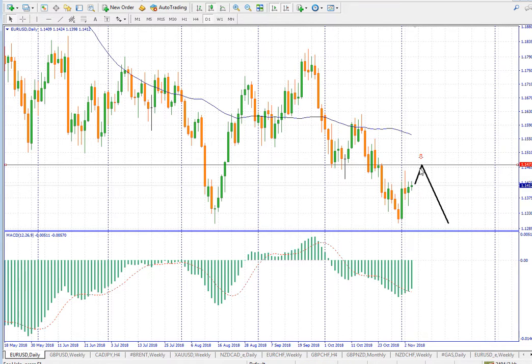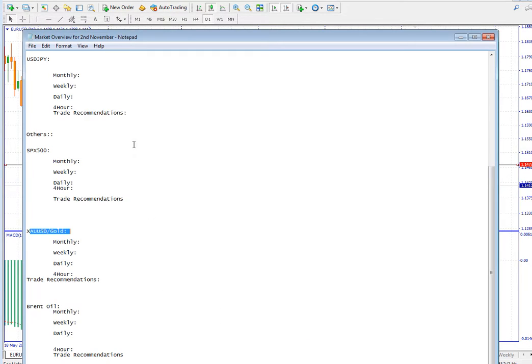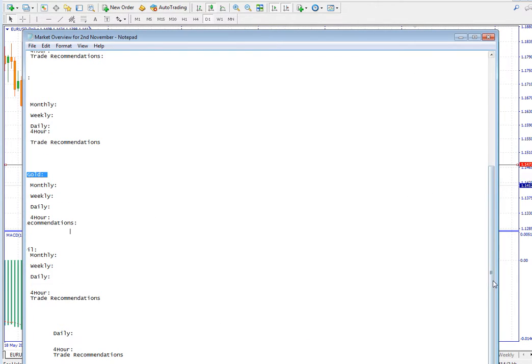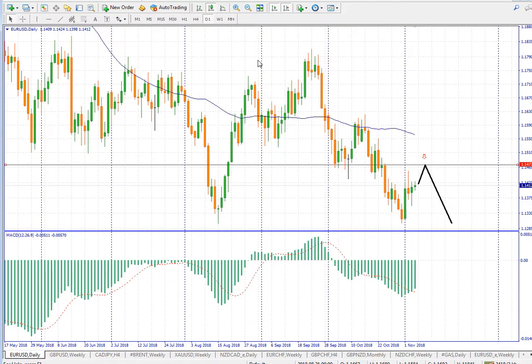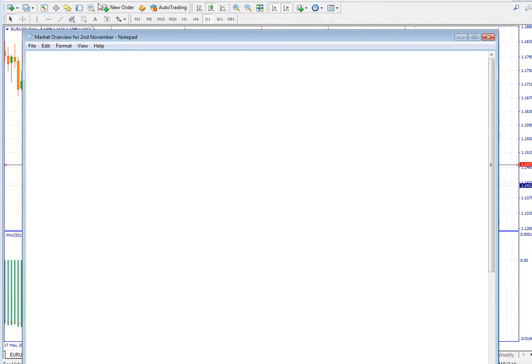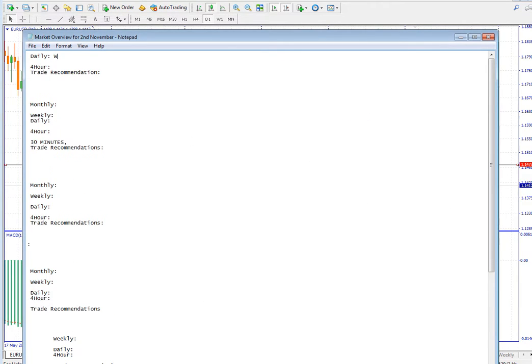Price should come up and then should proceed downwards, and there's something we must not forget, that there is a pin bar pointing upwards on this chart. So we need to write that on the daily chart.